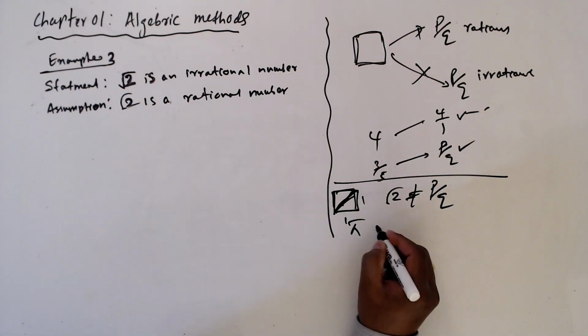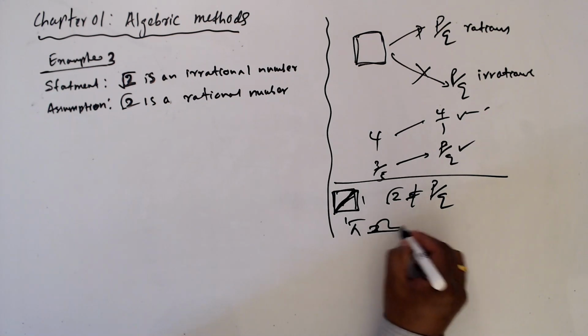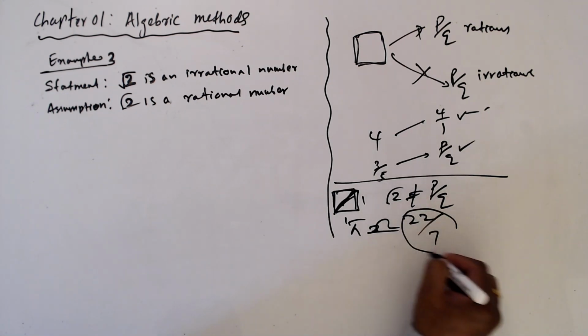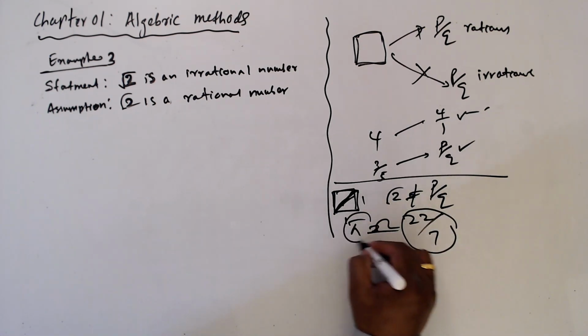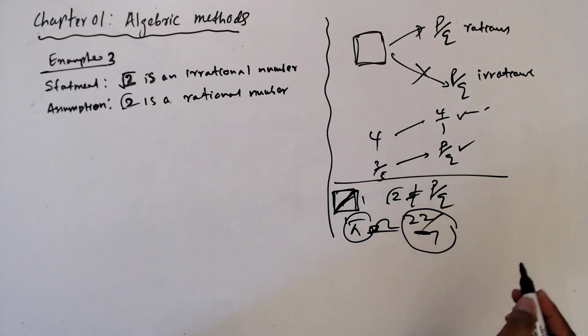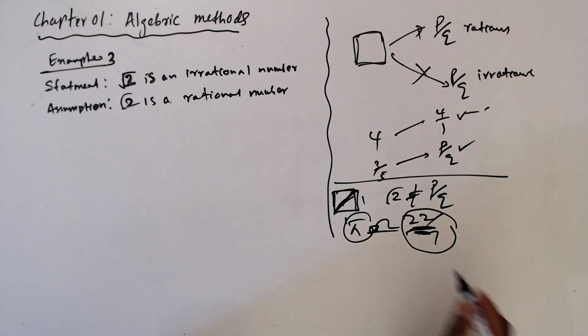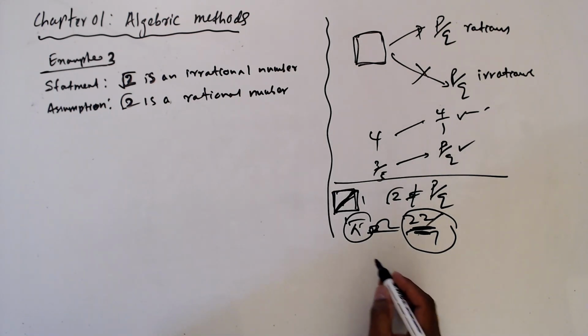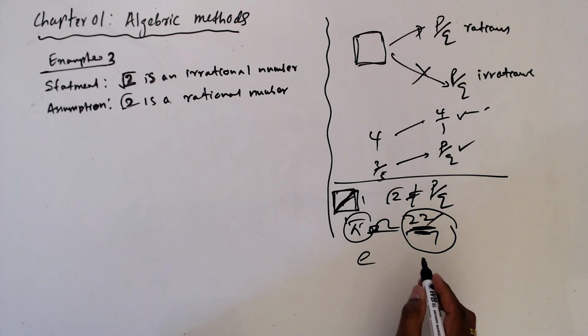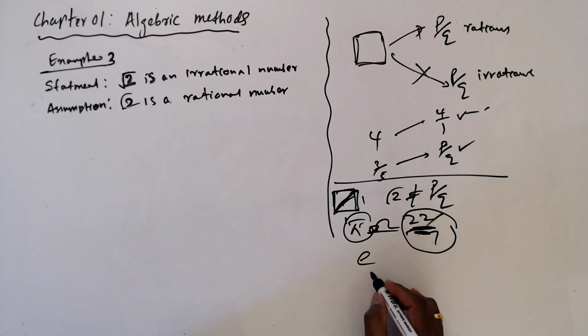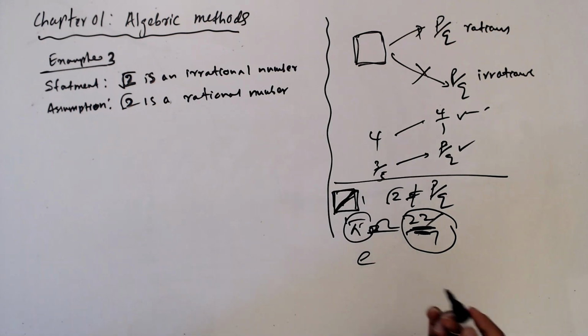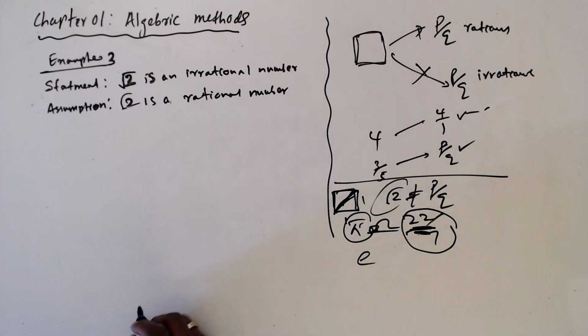Another such number is pi. We can give the approximation 22 over 7, but it's just an approximation. You may work with 22 over 7, but pi is an irrational number. Also Euler's number, the golden ratio, and some other square roots.